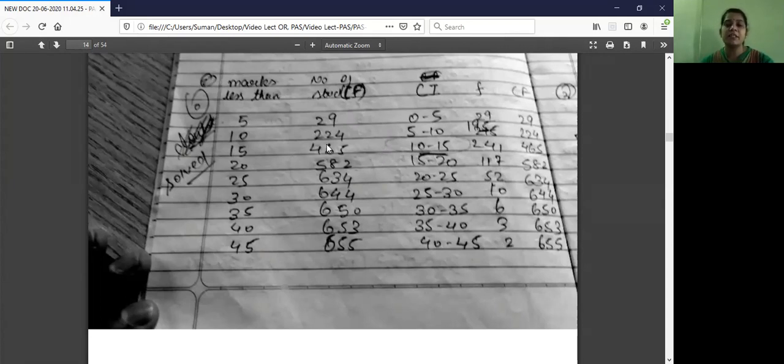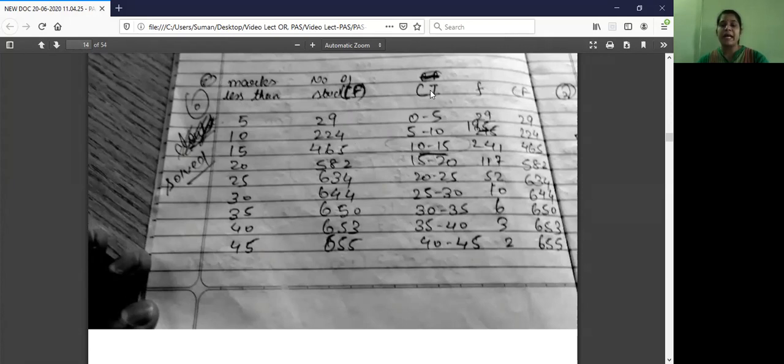If the question gives less than or greater than marks and the cumulative frequency, how do we know that this is our cumulative frequency? Because this column is in ascending order. In case this column is in descending order, then it is the greater than type of frequency distribution.